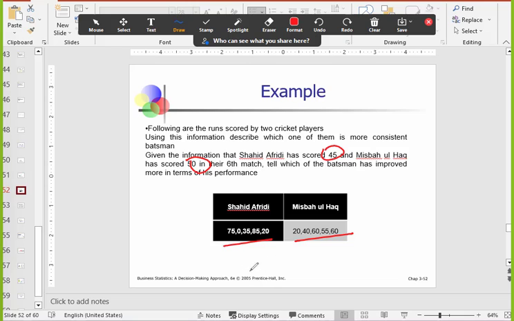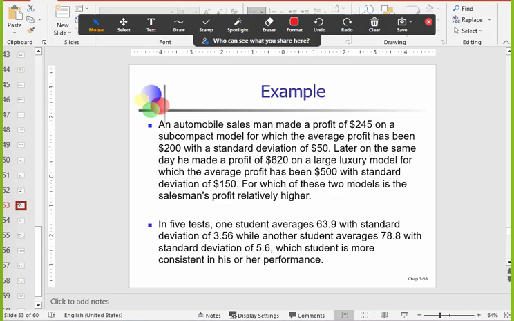So there is an x bar value for each and a new x value, x6, for each. We want to see whether x6 of Shahid Afridi is higher than x6 of Misbah Haq in terms of their relative performance. So we can use the z-score method.